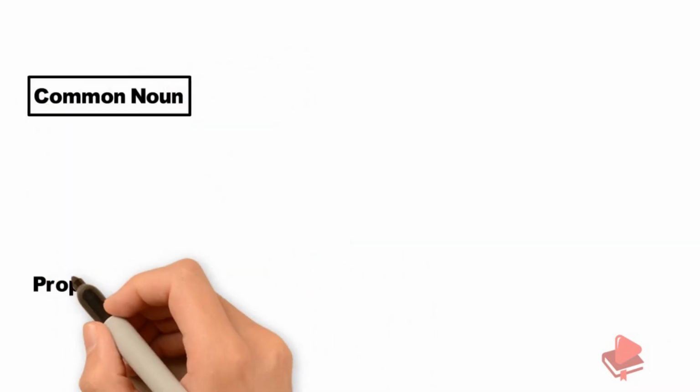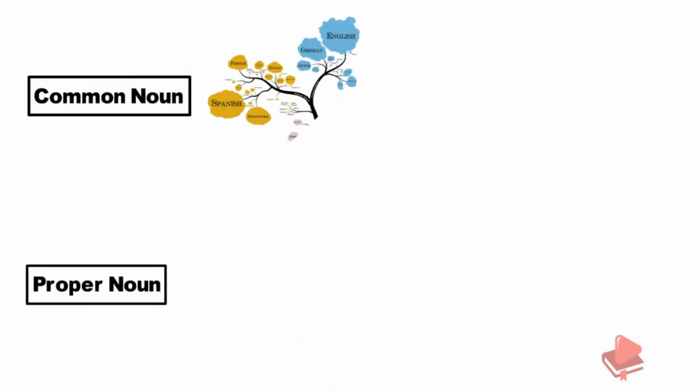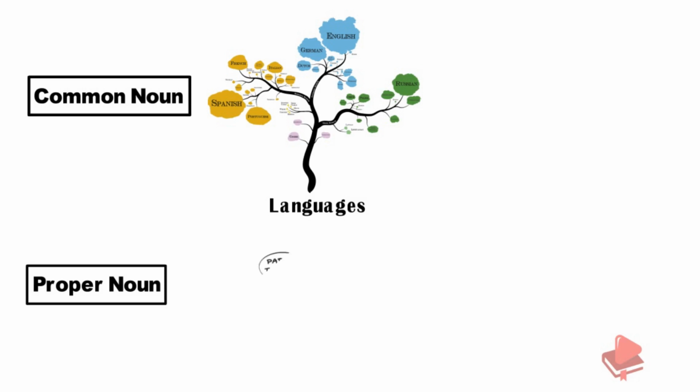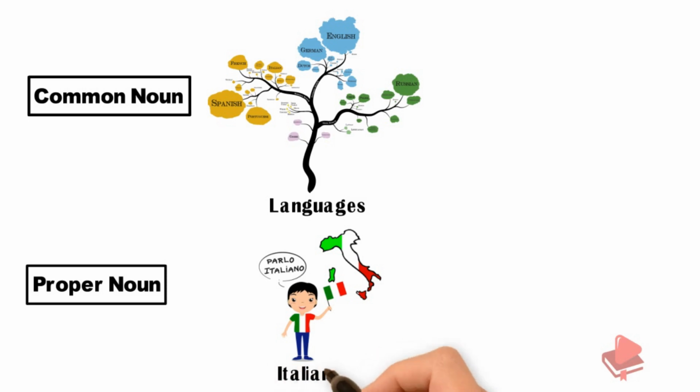Let's see a few more examples of common noun and proper noun. Now here come languages. Languages like English, Spanish, German, and so on. So all these languages come under the category of common noun. Whereas on the other side you can see a particular language, which is Italian.